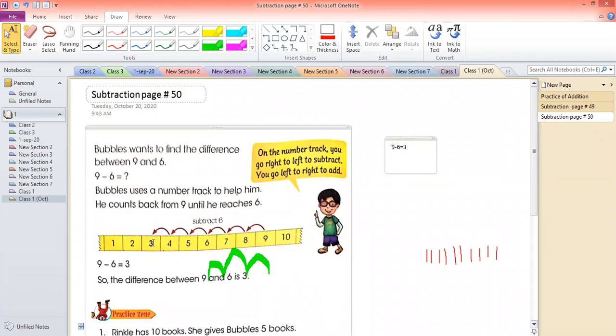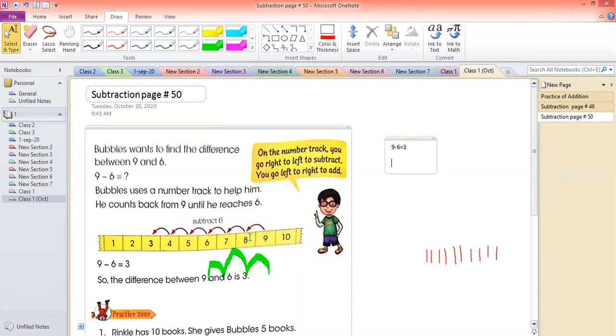But there is one more method by which you can answer. That method is that you go back until you reach 6, because you have to minus 6. So from 9 you start going back.